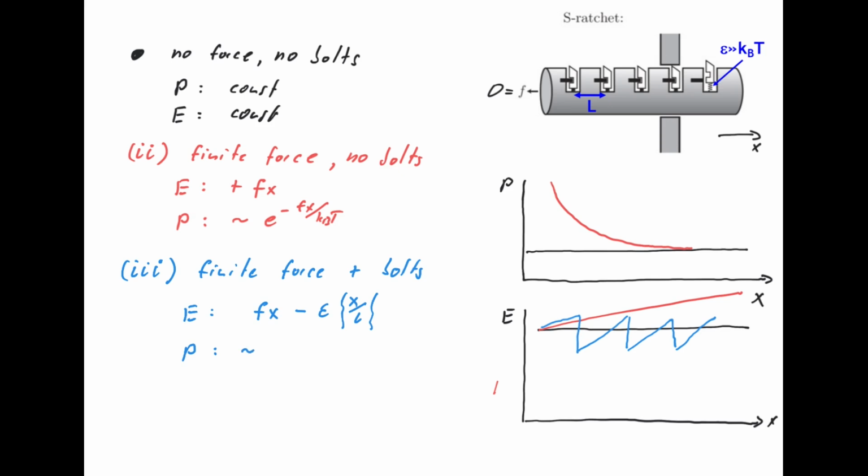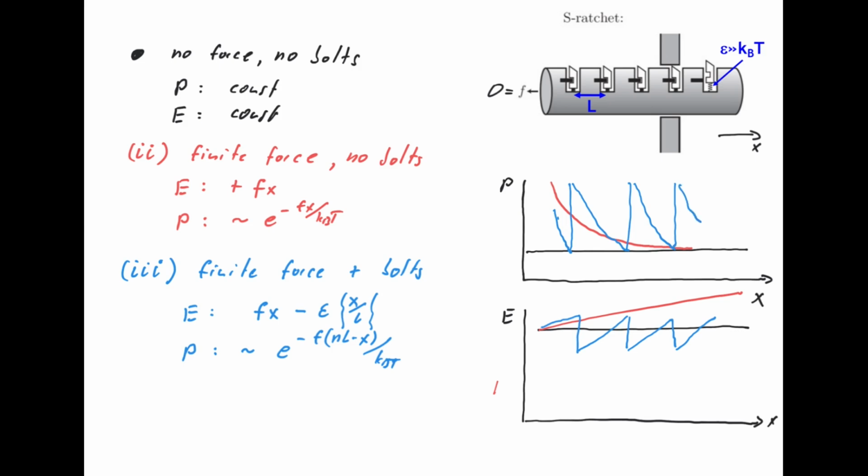Now, as a next step, we also can look into the probability of finding the position of the motor. And again, this will be a sawtooth-like behavior, where between two of these pawls, it is given by something like the Boltzmann factor, e to the minus f times (n times L minus x) divided by kBT.